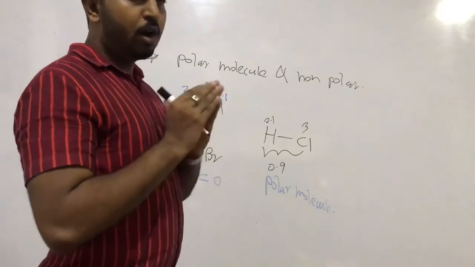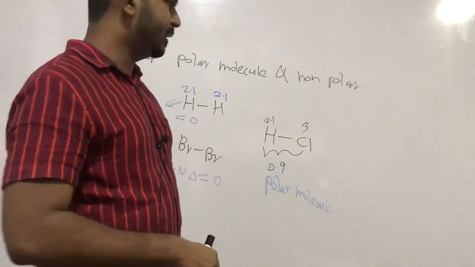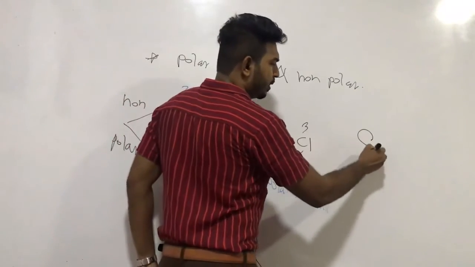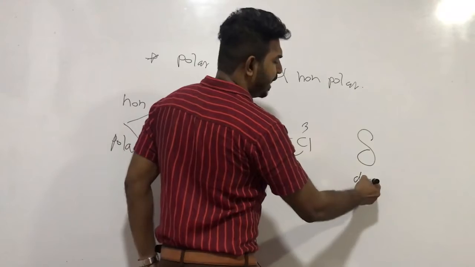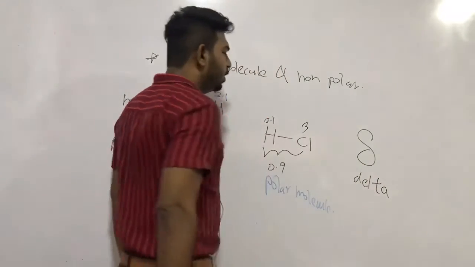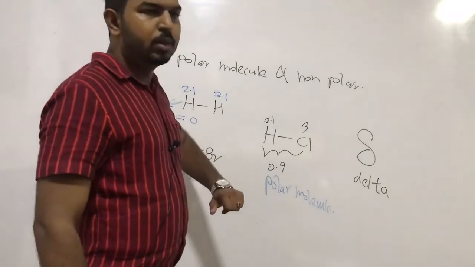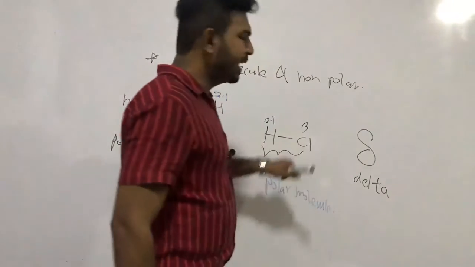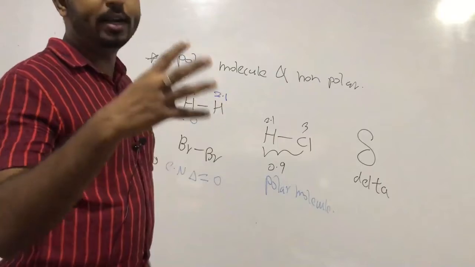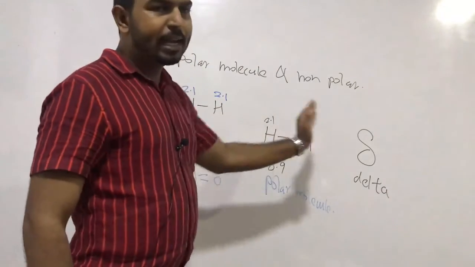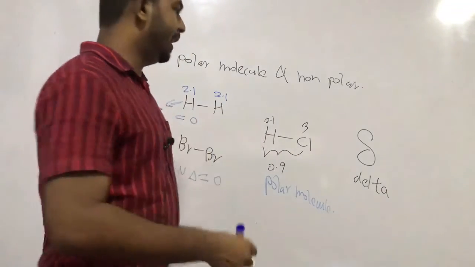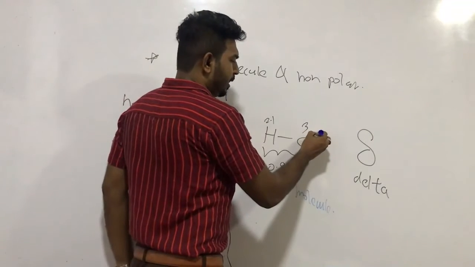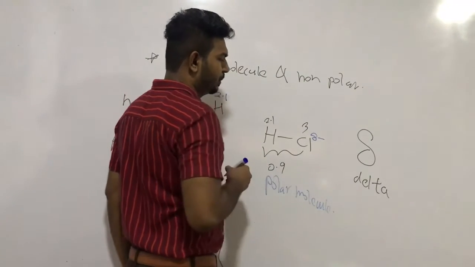We denote very small charges using delta. If this atom has a very small negative charge since it attracts electrons, we denote that as delta minus.